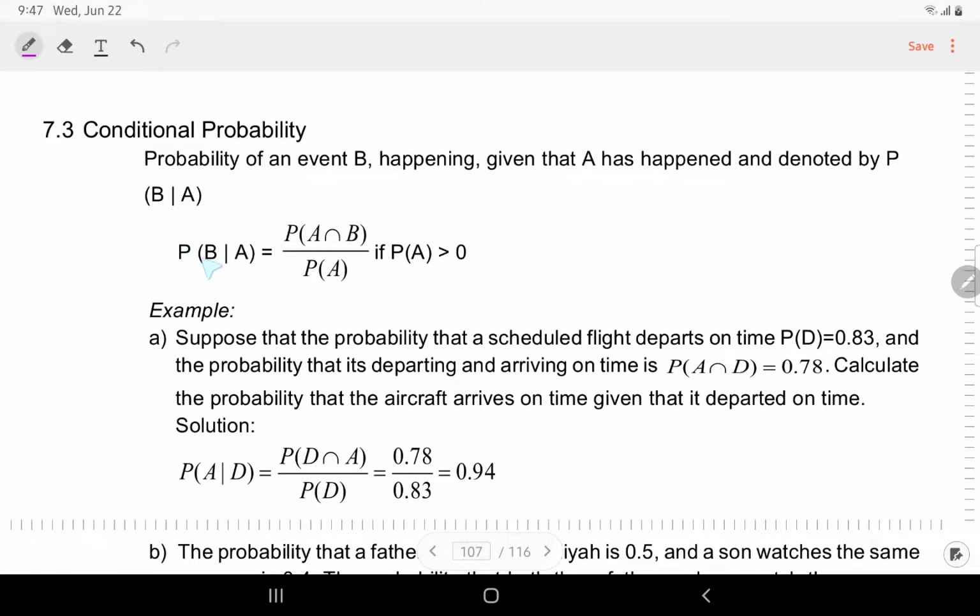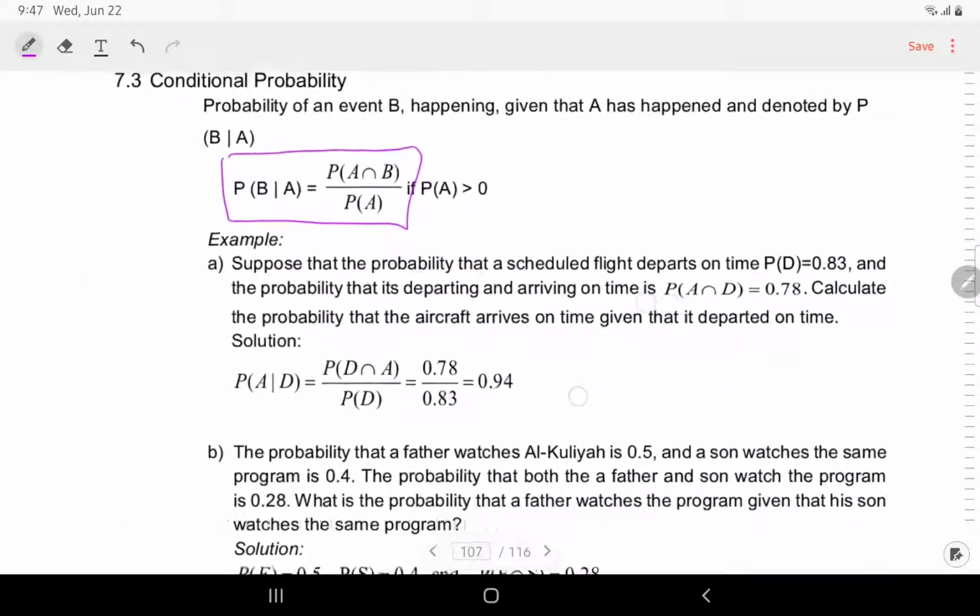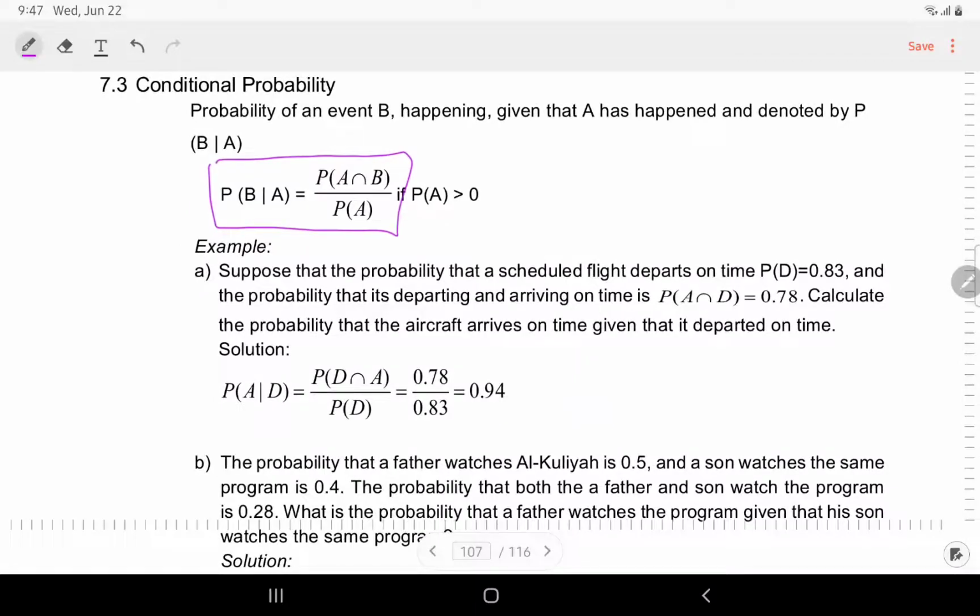Okay, so macam mana nak cari P(B|A)? So formula dia ini: P(A intersect B) divide by P(A). Okay. For example, suppose that the probability of scheduled flight departs on time is P(D) equal 0.83. So D ni maksudnya depart.